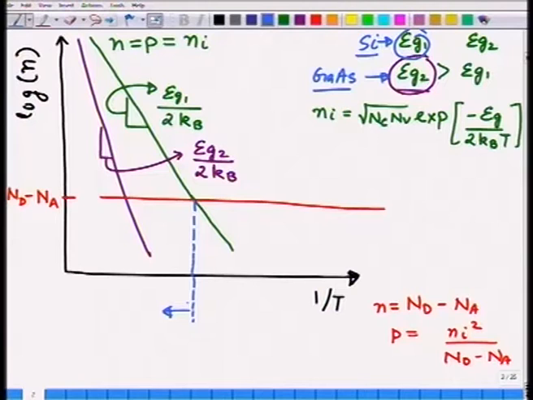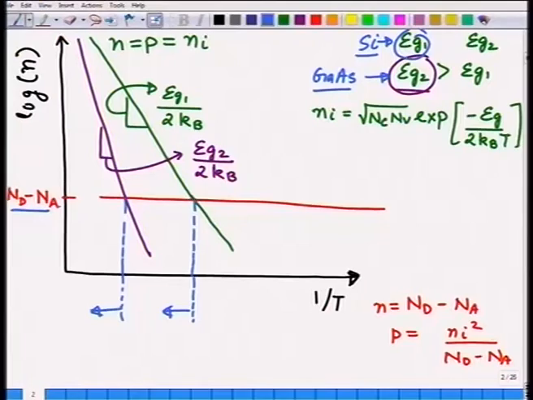If you take a semiconductor with Eg2, which has a higher band gap, then that semiconductor would be able to behave like an extrinsic semiconductor up to a higher temperature. Of course, it has a smaller value of intrinsic carrier concentration.